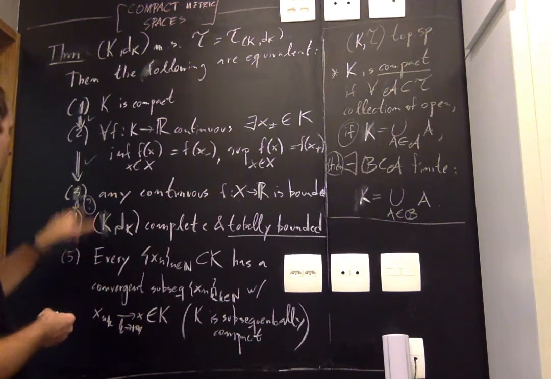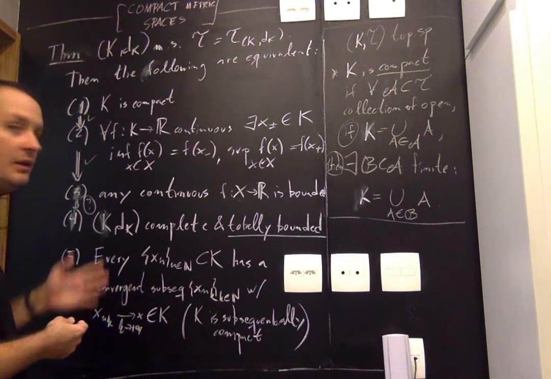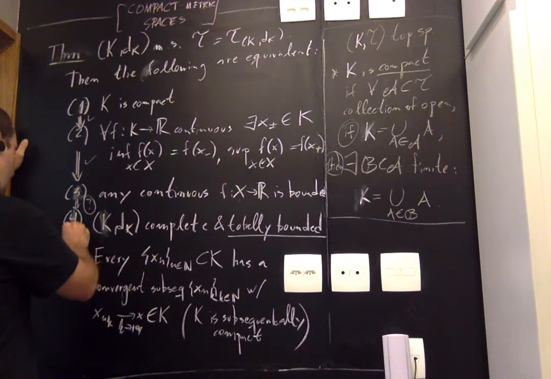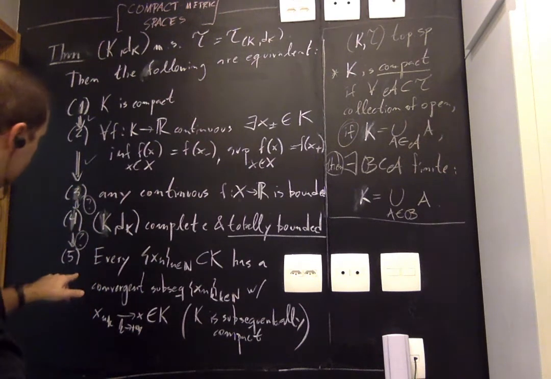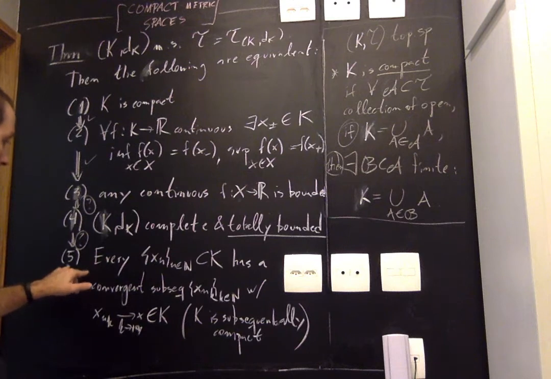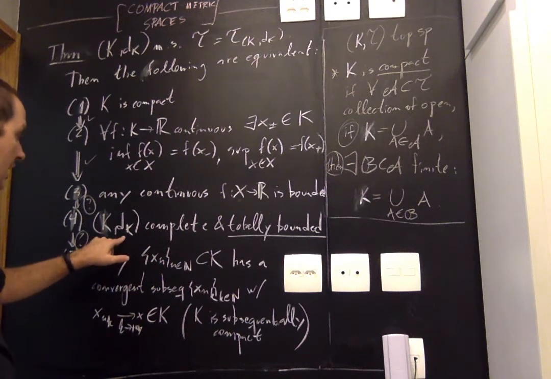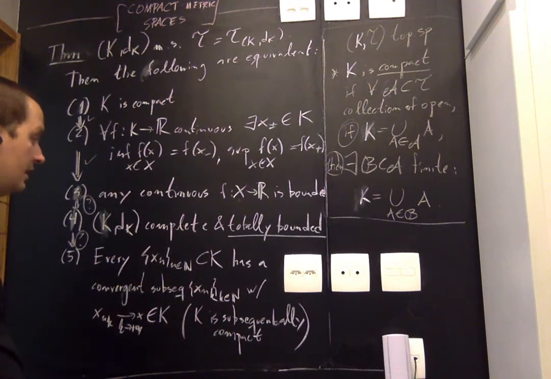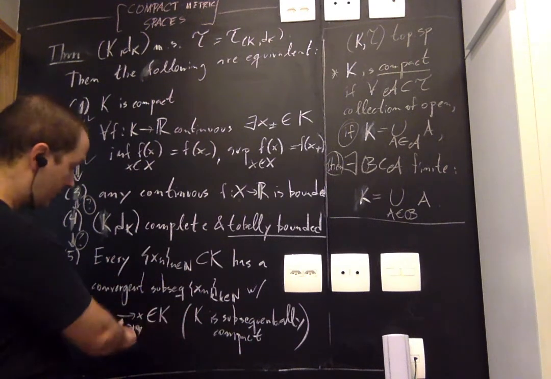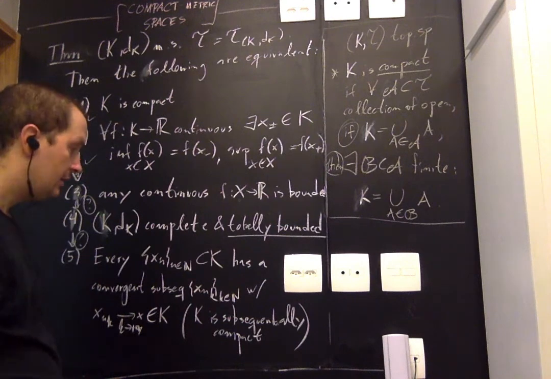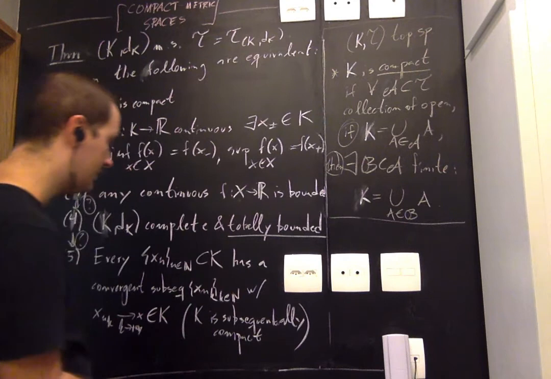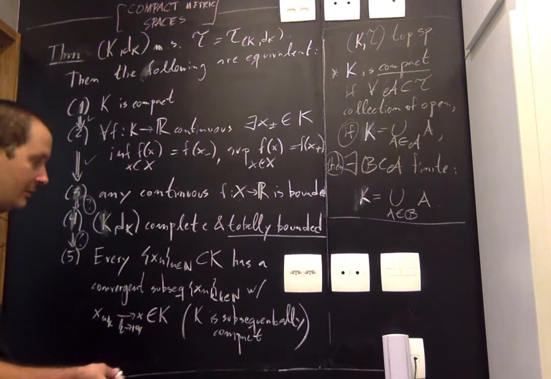Okay, so three implies four is already going to be less trivial, less immediate than the other things. Four implies five is also going to be quite non-trivial. And we're going to show that if K is complete and totally bounded, then every sequence in K has a subsequence that converges to a point of K. So a metric space with this property is sometimes said to be subsequentially compact, or sequentially compact.